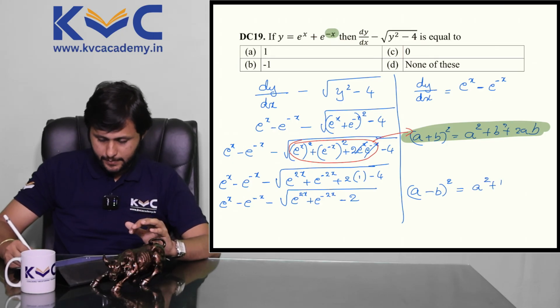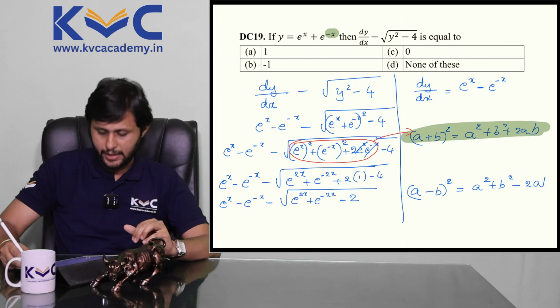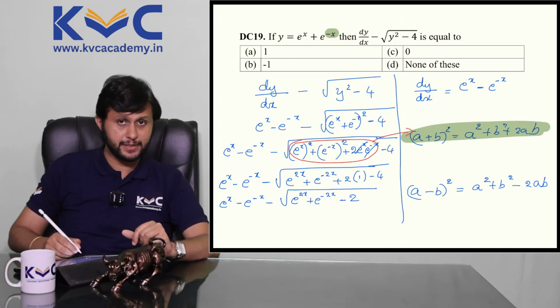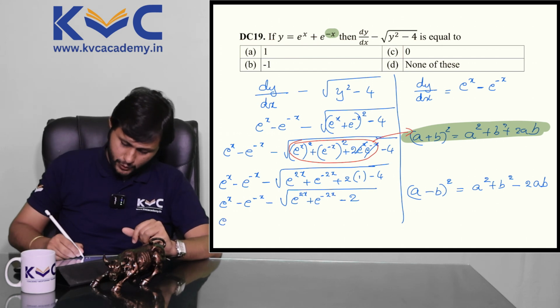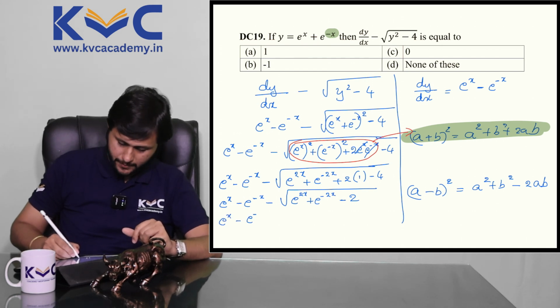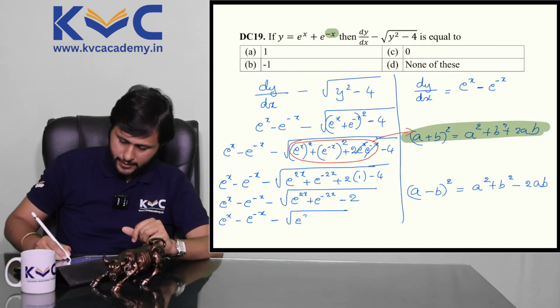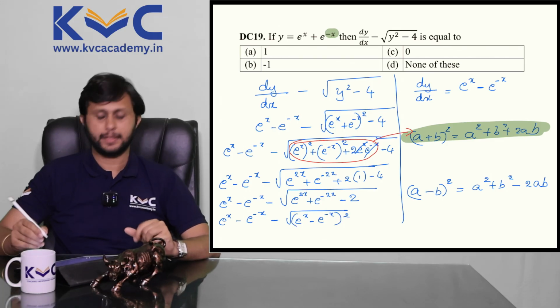We have a square plus b square minus 2ab, correct? So now I'll write the condensed form of a square plus b square minus 2ab. So e to the power x minus e to the power minus x minus square root of e to the power x minus e to the power minus x whole square, correct?